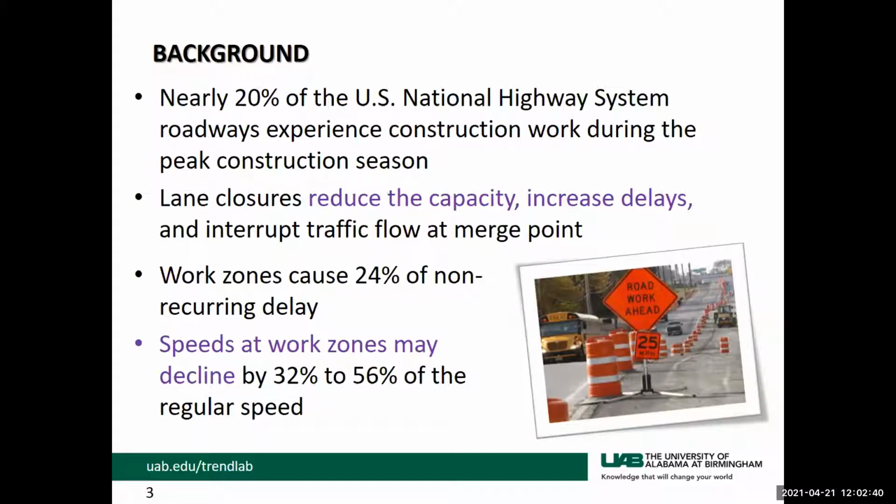To minimize the congestion impacts, we need to understand exactly the operations during the construction zone configurations and see how we can improve these configurations so that we have a smooth travel through work zones.